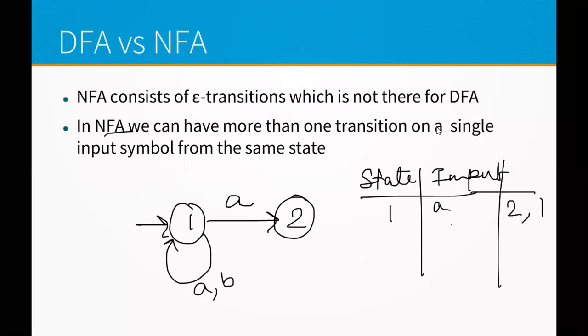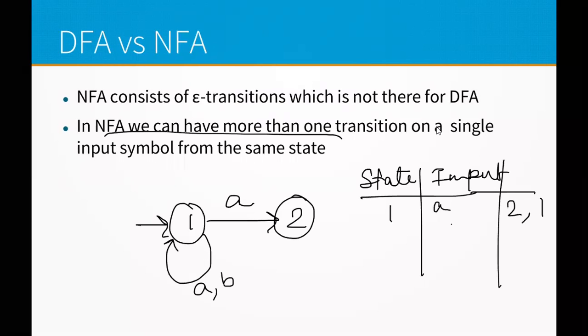So in an NFA, we can have more than one transition on a single input symbol from the same state. This is also quite difficult to implement in code. Whereas in a DFA, you don't have this. One state on one input symbol will have at most one transition. So because of these two differences between DFA and NFA, we have to convert the NFA that we have constructed from our regular expressions to a DFA.